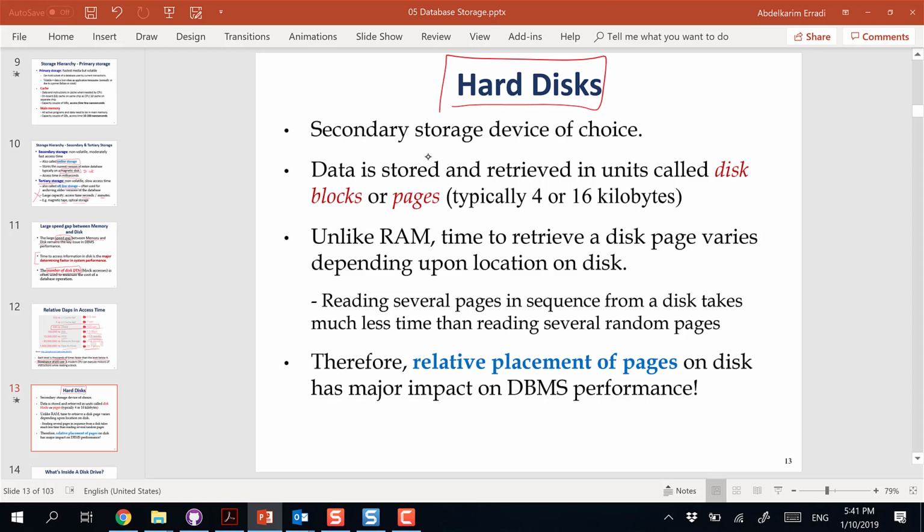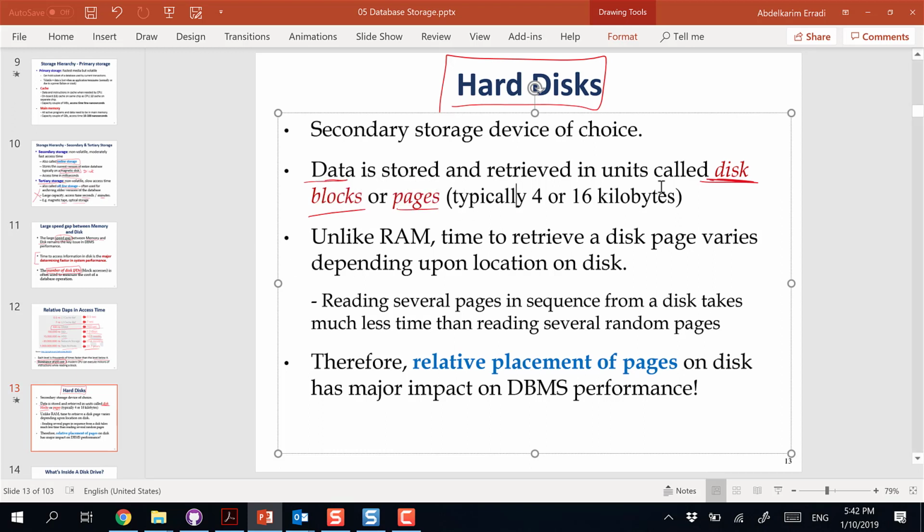Okay, first of all, the data stored in a disk is managed using blocks or pages. As I explained before, these pages or blocks are between 4 to 16 kilobytes. Unlike in memory, in the RAM, you can randomly read and write any bytes in the RAM. No extra cost to jump all over the RAM and get whatever location you want to read and write, because basically it is all electronic.